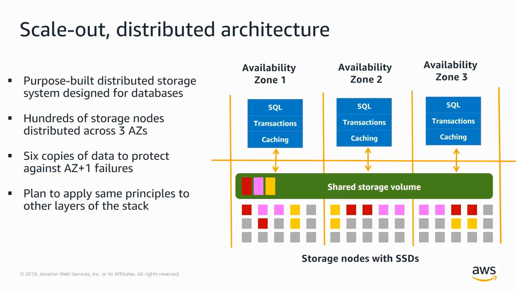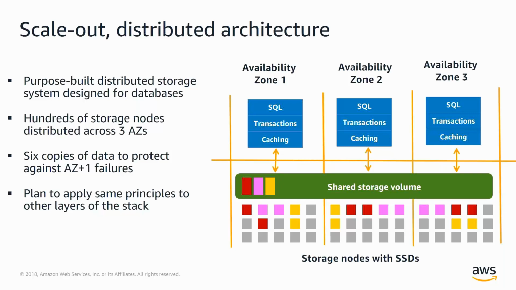And so what happens, if you look at the picture to the left where it says availability zone 1, if you imagine that that is the writer node, and you have performed, for example, an insert, then what happens when you do an insert on a relational database? Well, a few things, but one of the things that is a requirement is that we have to write that to a transaction log, or in MySQL, it would be known as the redo log, for example.